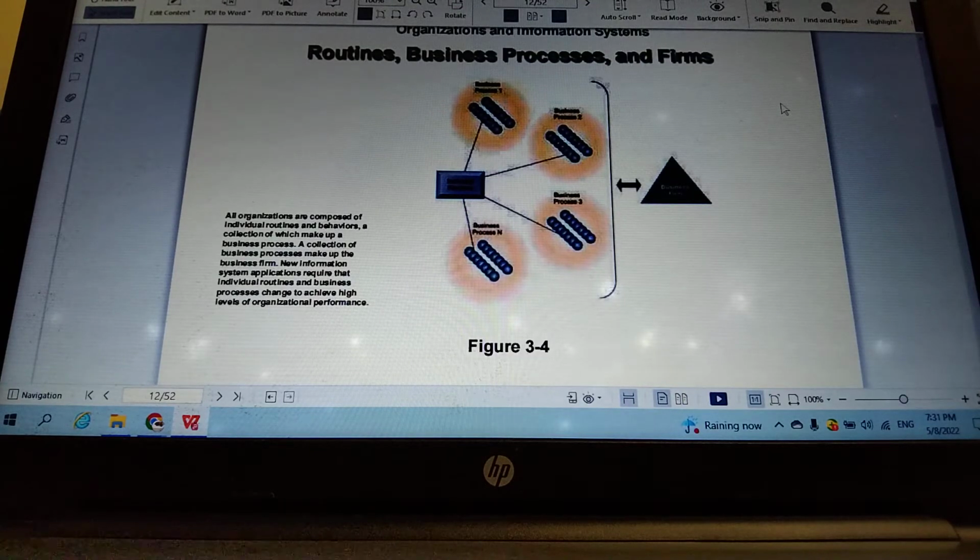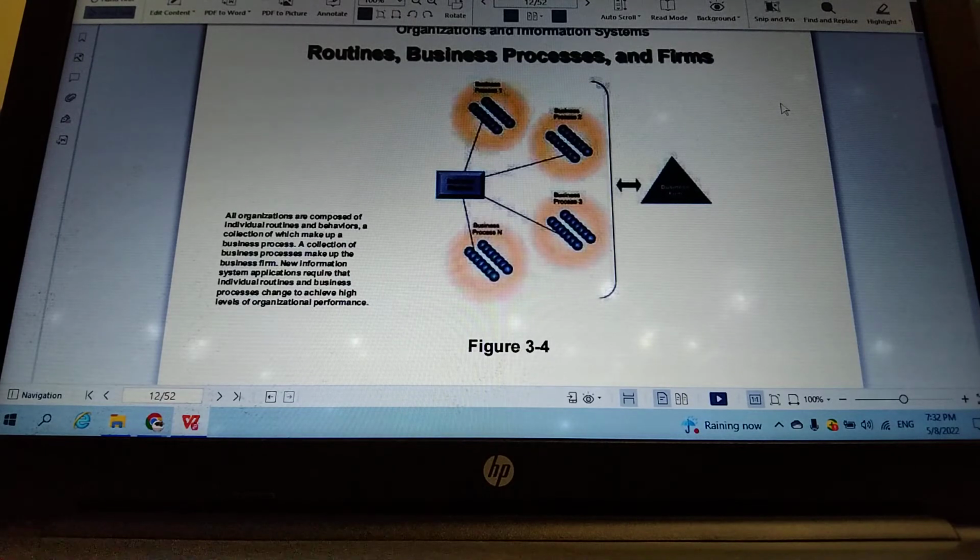If you look at the slide here, the individual routines consist of many business processes, and end of the day, when you complete all these business processes, either following a certain sequence or certain procedures or steps, what you have is actually what we call a business firm.